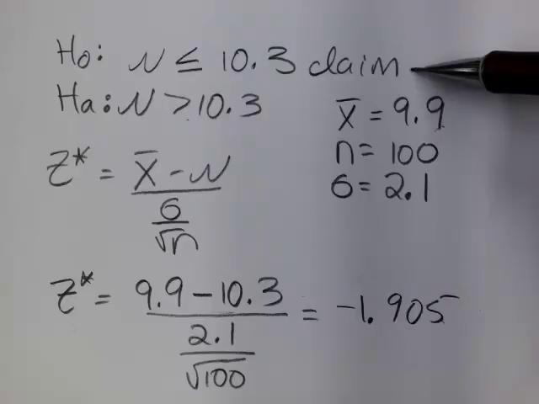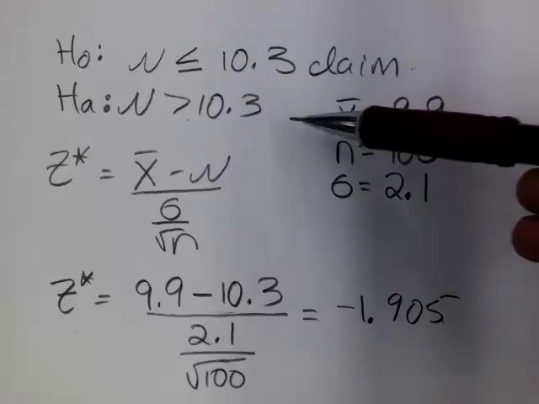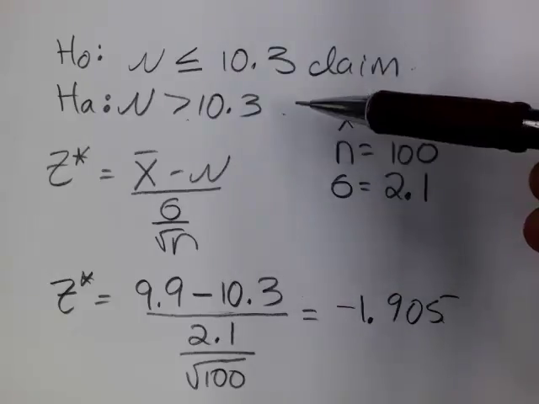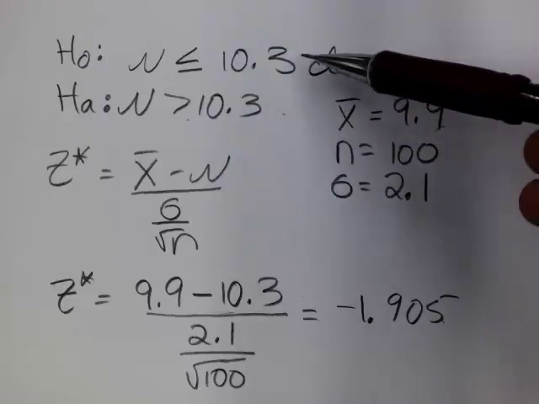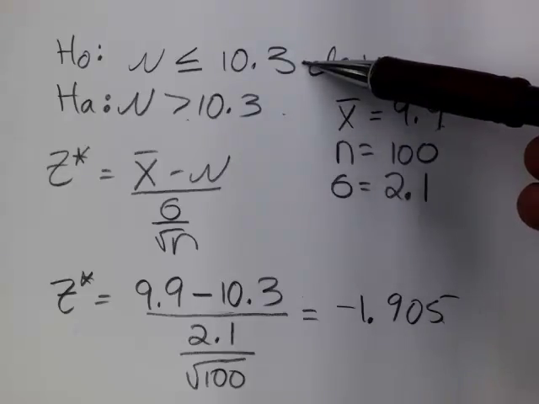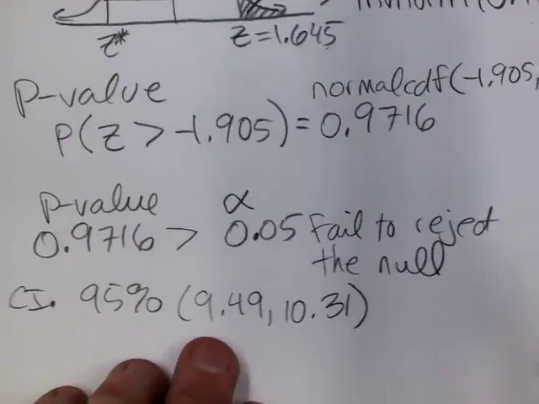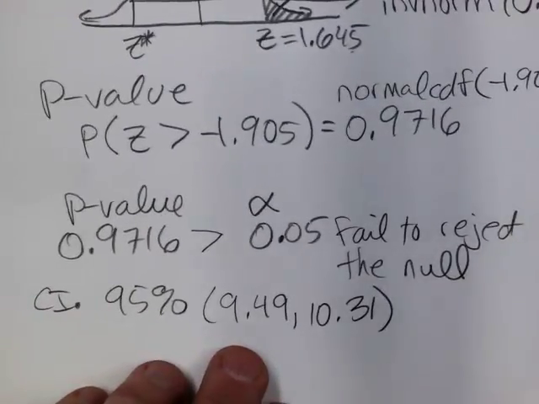Yes. Okay, this confidence interval is not above 10.3. So the confidence interval is supporting failing to reject the null in this problem. Okay, did you guys all get that confidence interval? 9.49 up to 10.3? Okay.